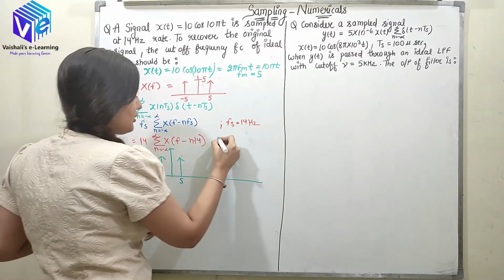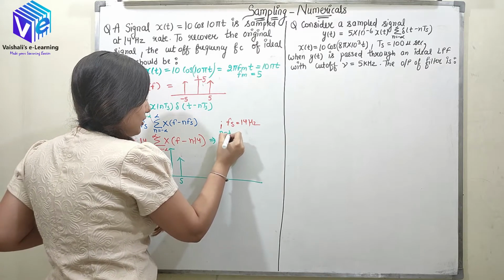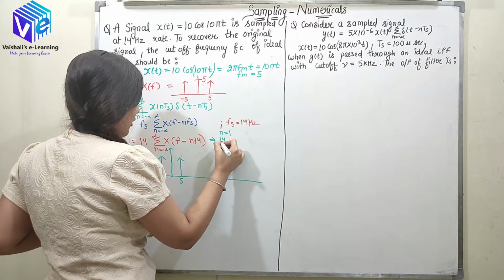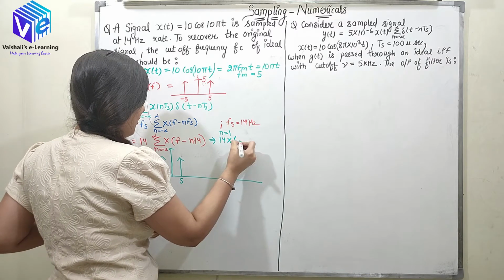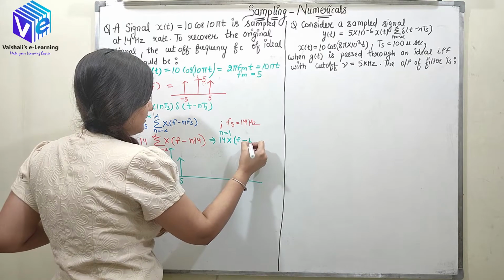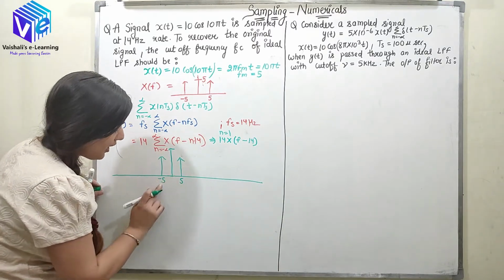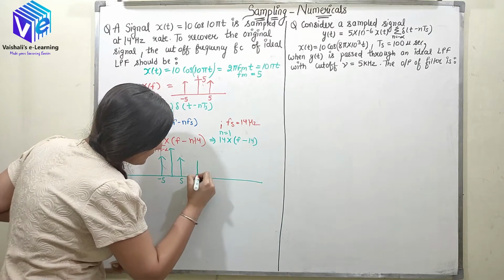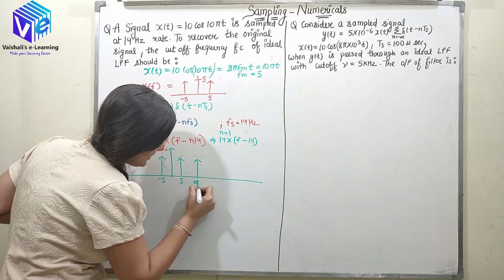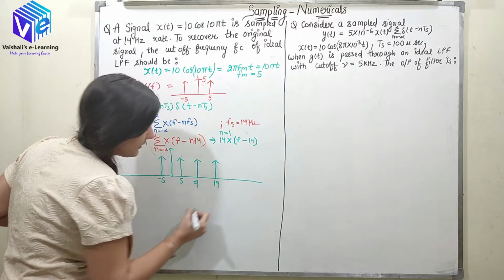At n equal to 1, I'll have 14 times X(f minus 14), so I am shifting to the right side by 14. Minus 5 plus 14 would be 9, and 5 plus 14 would be 19.